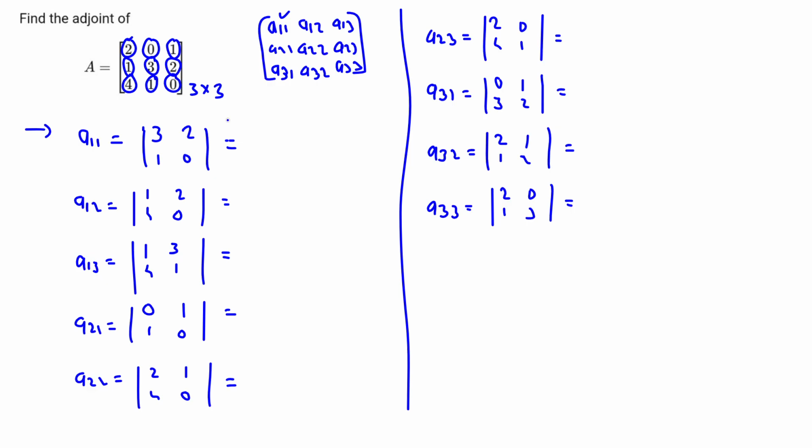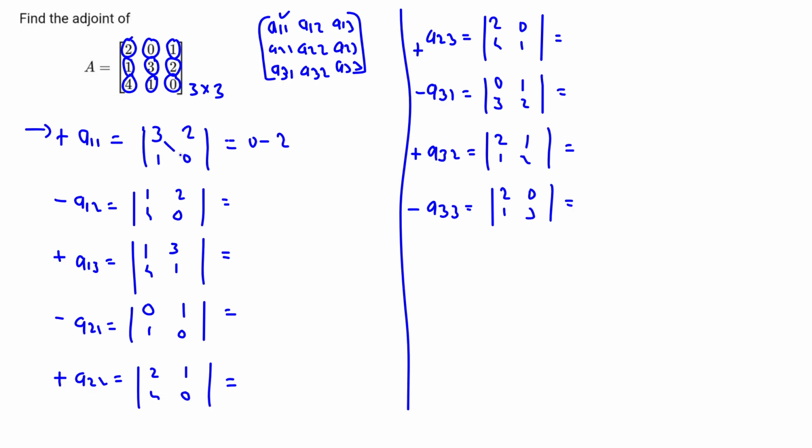Next you have to multiply these by the alternate signs, plus minus plus minus. Because we haven't applied the formula here, we multiply by these signs. Now for the first one, 3 times 0 is 0, minus 2 into 1.